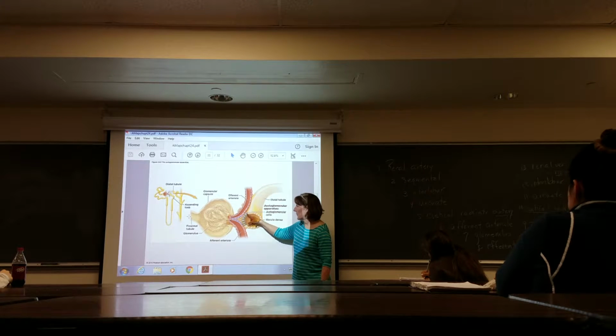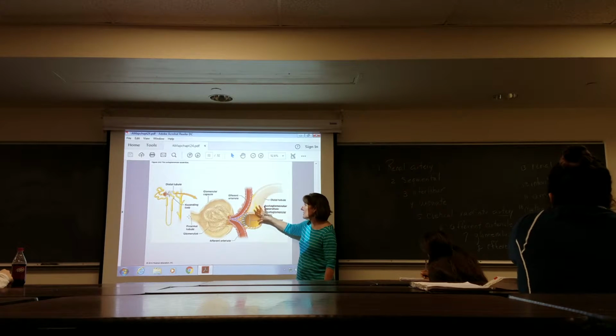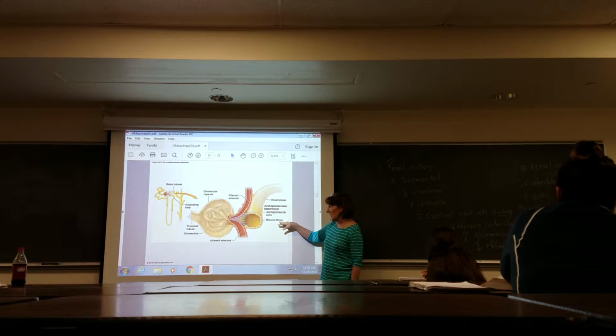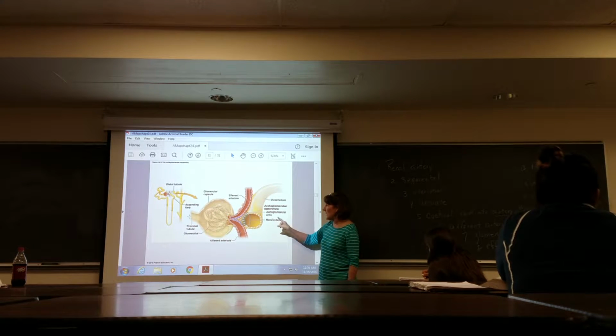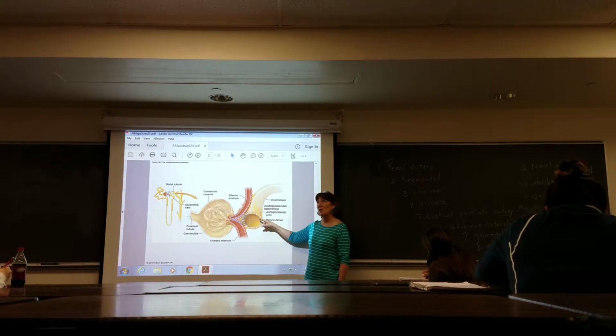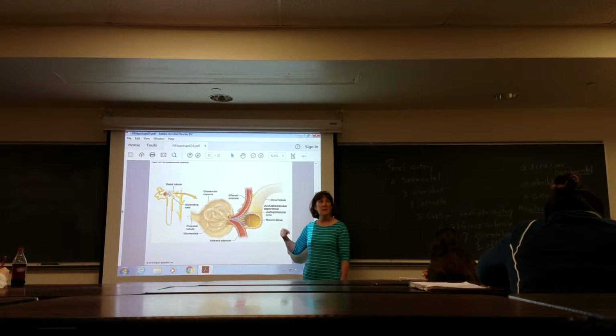Now the cells in green here are located in the distal convoluted tubule, and they are called macula densa cells. Their main job is monitoring the solute concentration of the urine. How concentrated is the urine?